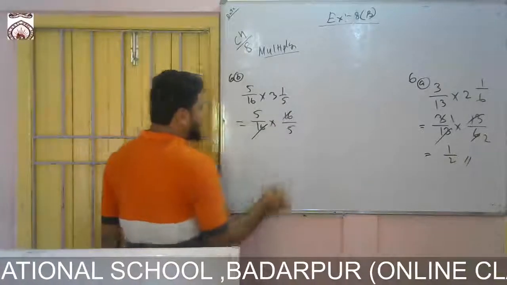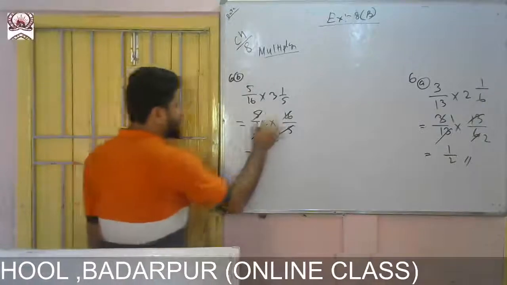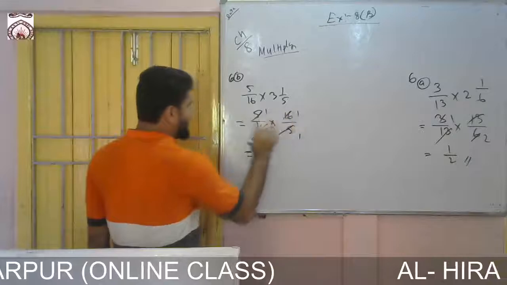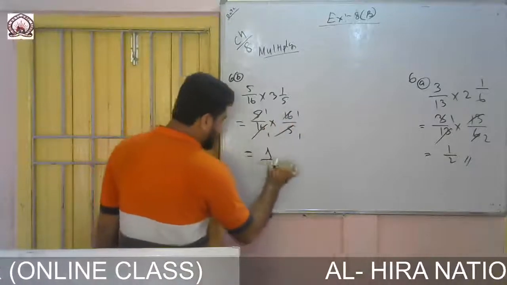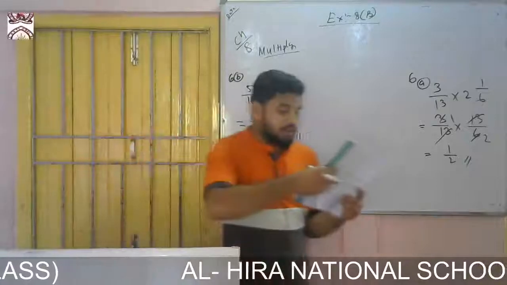So 16 16 get cancelled. 15 also 5 also get cancelled. So only 1 in every one. If you multiply 1 into 1 you get again 1. Okay. So the answer is 1.